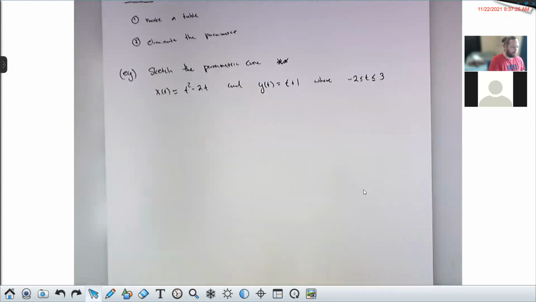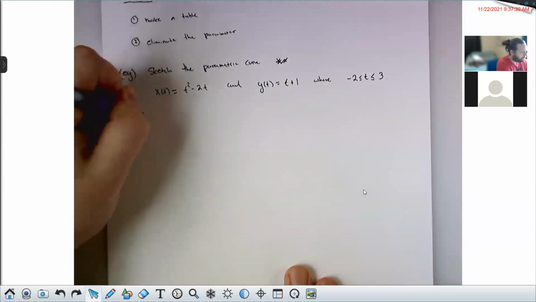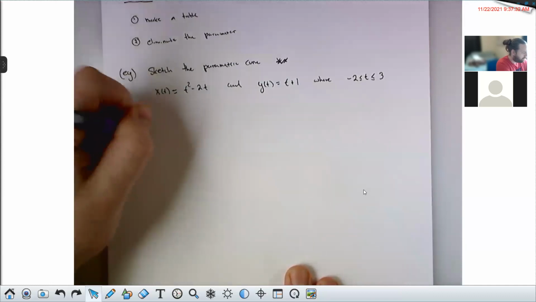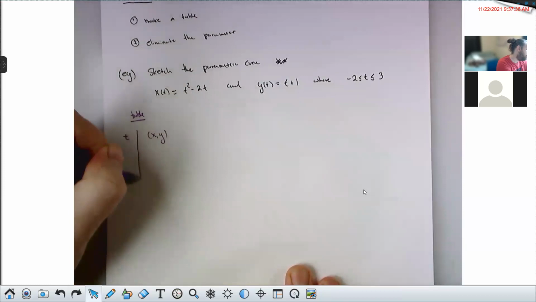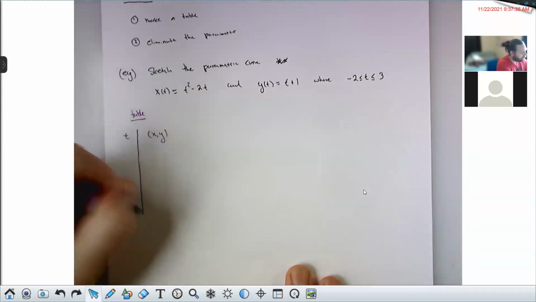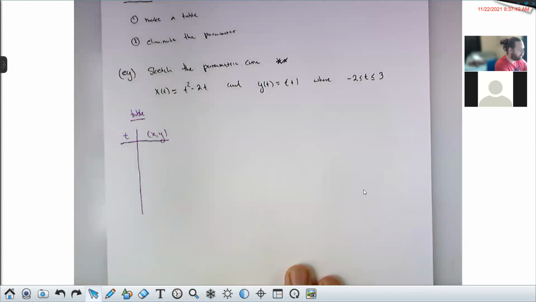So the first option here is to make a table. One column of my table is just t values, and the other column is the ordered pair x comma y I get from that t value.